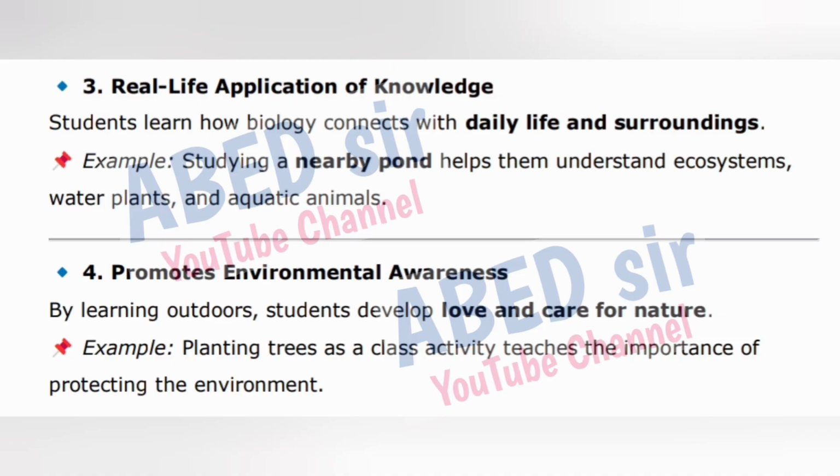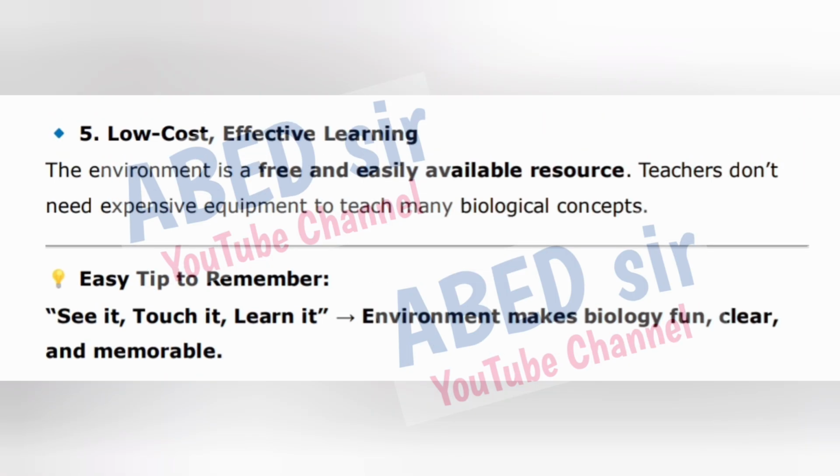By learning outdoors, students develop love and care for nature. Example: planting trees as a class activity teaches the importance of protecting the environment. 5. Low-cost, effective learning. The environment is a free and easily available resource. Teachers don't need expensive equipment to teach many biological concepts.